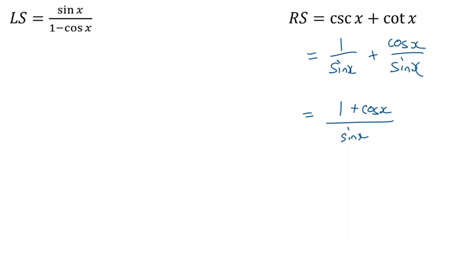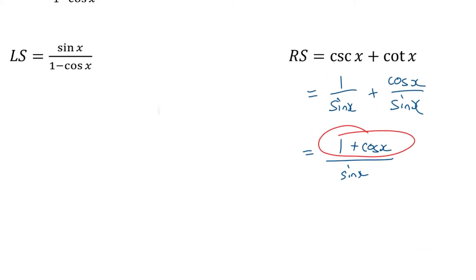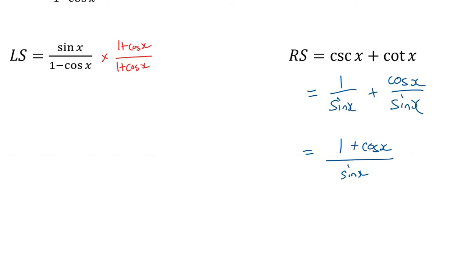But sometimes what you might just do is say, well, I need to have a 1 plus cos x in the numerator on the left side. So I'm just going to force it. I'm just going to go times 1 plus cos x over 1 plus cos x. Again, with identities, you may not know that this is definitely going to work, but it's a possible strategy.